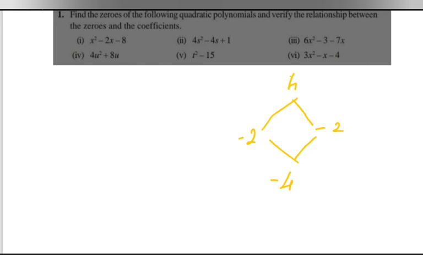So we should always check a, that is the coefficient of x square. In the last sum we got a as 1, so we didn't care about that. But here we got a as 4. So if a is 4, the assumed number should be divided by 4.